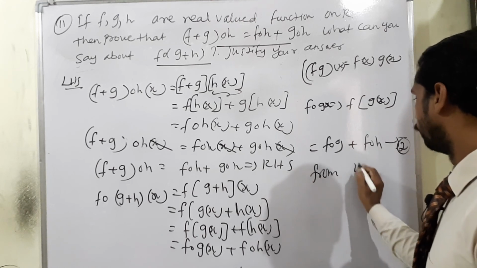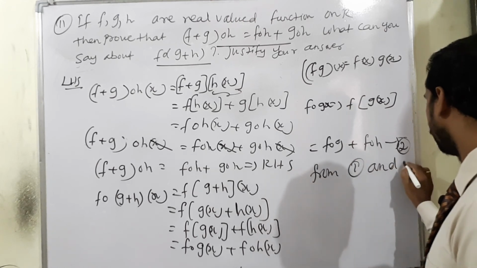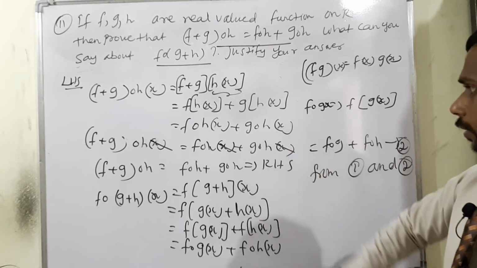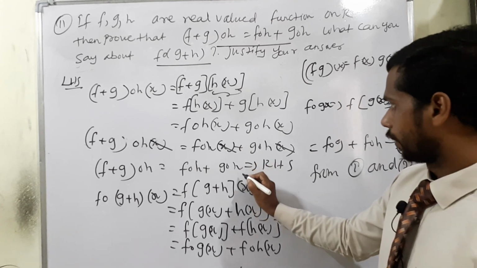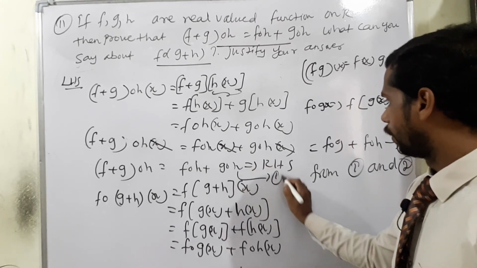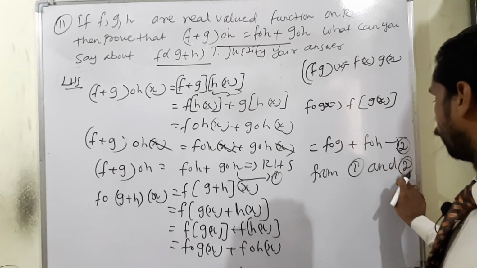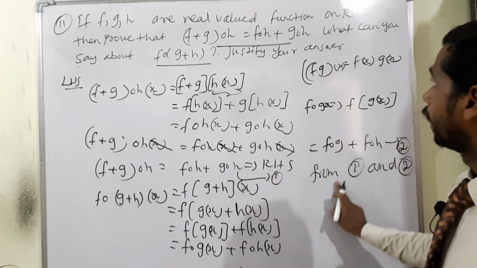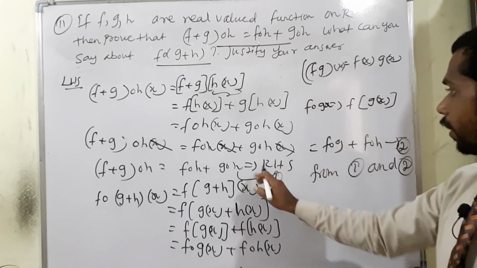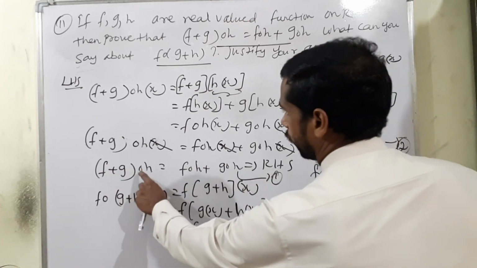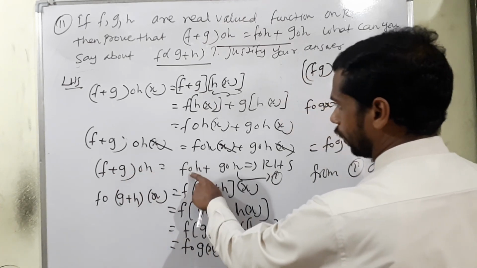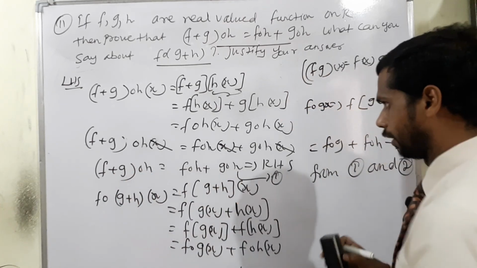Therefore, from 1 and 2, okay. This is the RHS term. This is considered for equation number 1, and this is called equation number 2. So from 1 and 2, justify your answer. This is not equal. Now look at there. f plus g of dot h, value f dot h plus g dot h, isn't it?